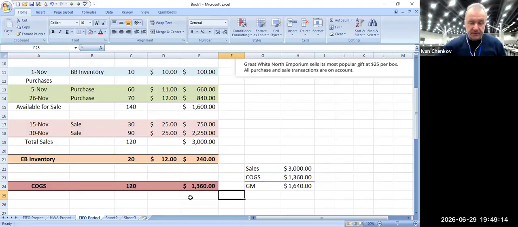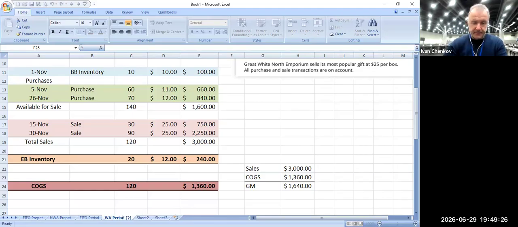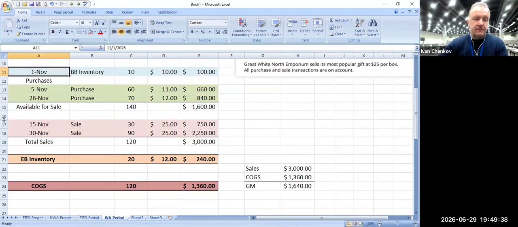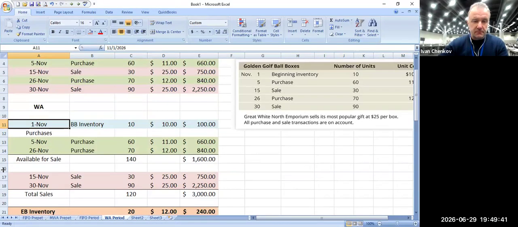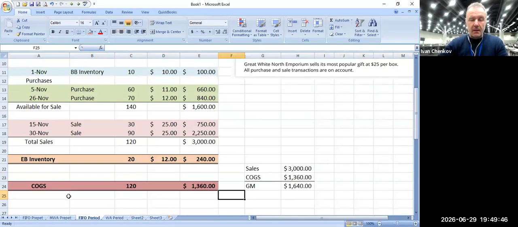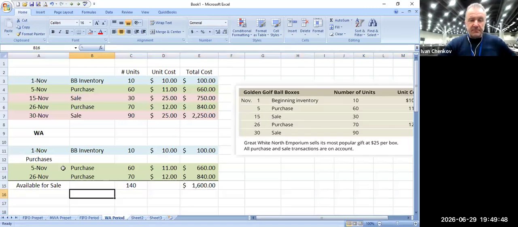Now let's see weighted average. I'm still going to work with the same information, weighted average on the periodic system. And now we can see how we're getting this weighted average. So what I'm going to do is delete all this, and start from this point.